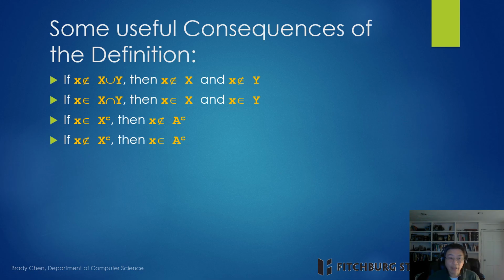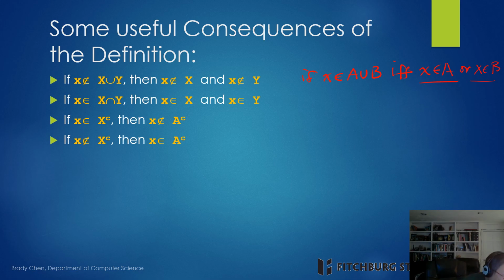Now, based on the definitions of the union, the intersection, and the complement, we have some useful consequences of these definitions. Remember, X belongs to the union of A and B if and only if X belongs to A or X belongs to B. Either X belongs to A or X belongs to B. So what does that mean?